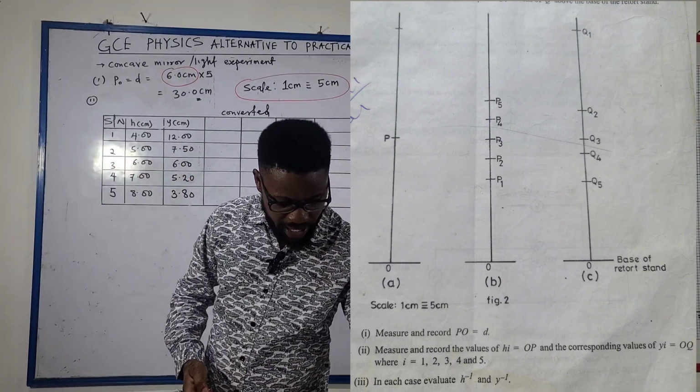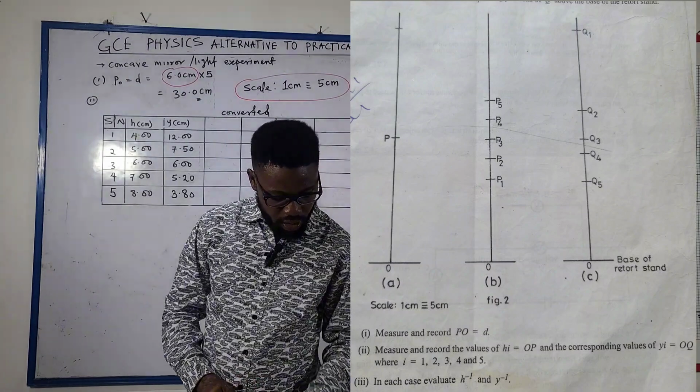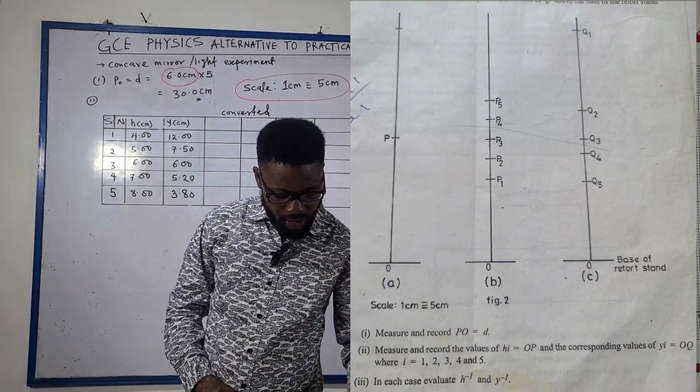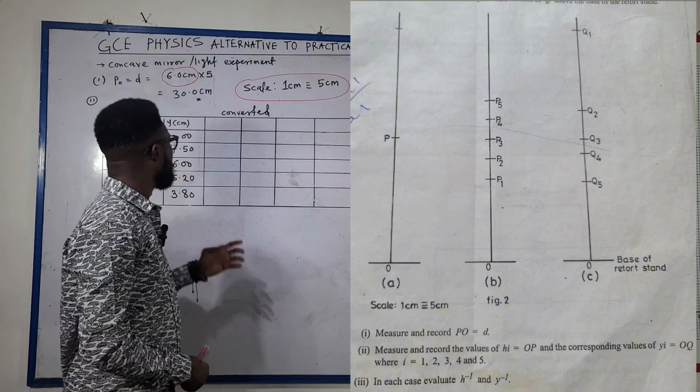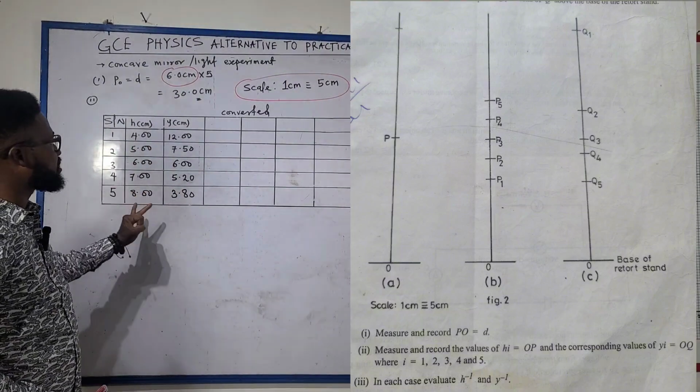When I took my reading for figure 2B, what I have is 4 centimeter, 5 centimeter, 6 centimeter, 7 centimeter, 8 centimeter.